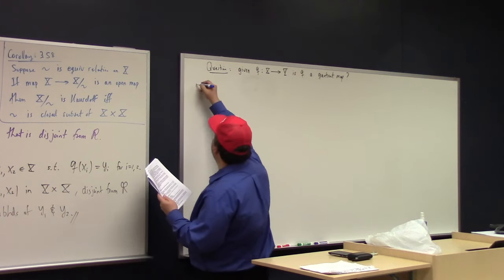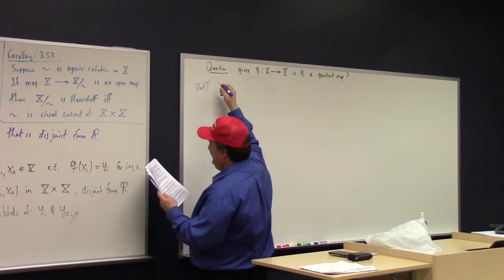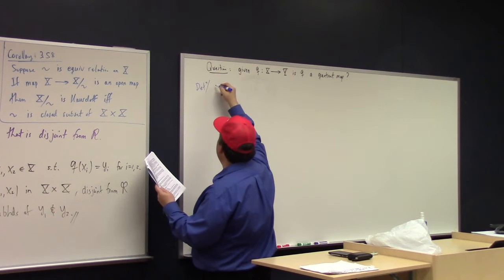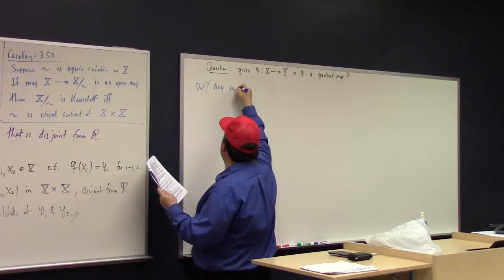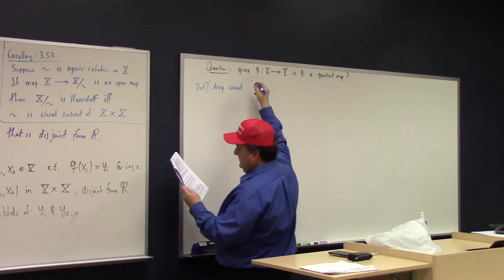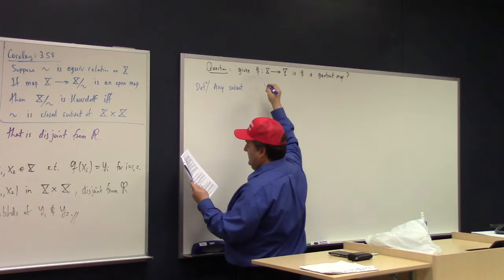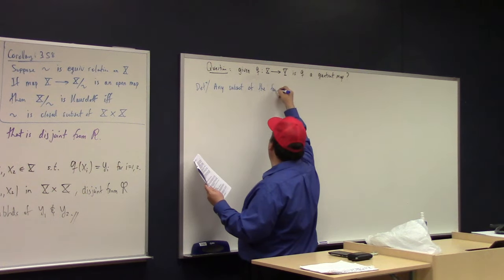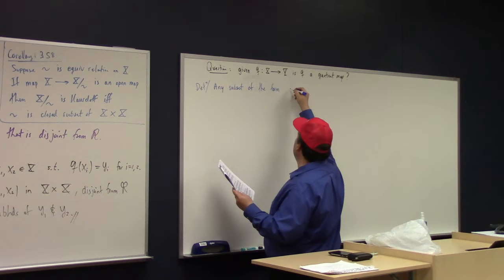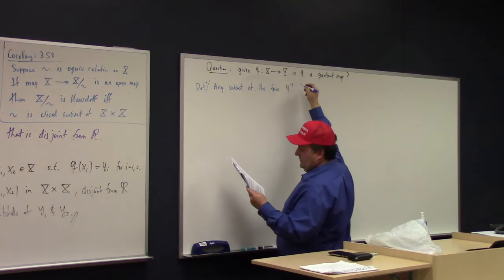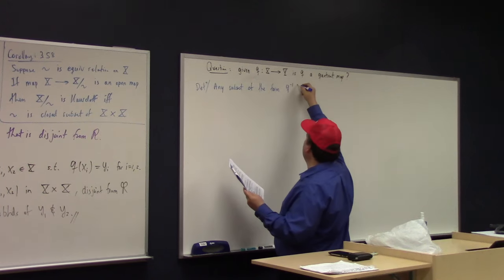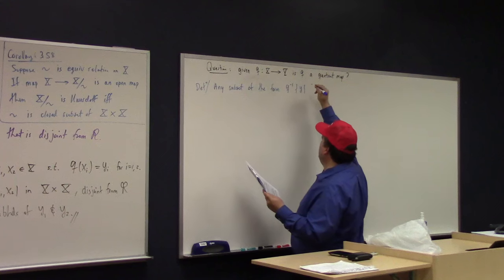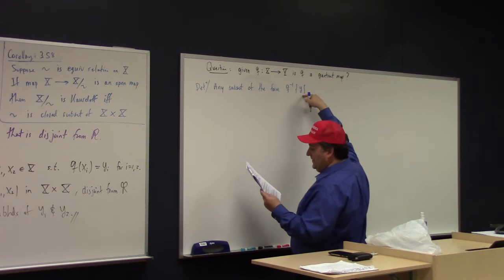So the definition. Any subset of the form Q inverse of, and so maybe it's helpful to put some brackets here. These brackets are not always given because here Y is a single element.